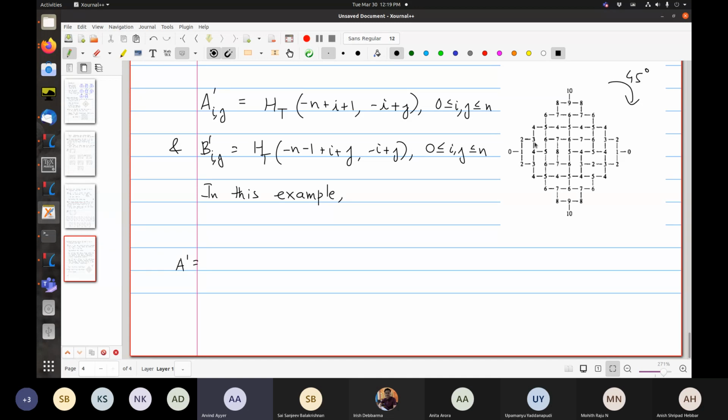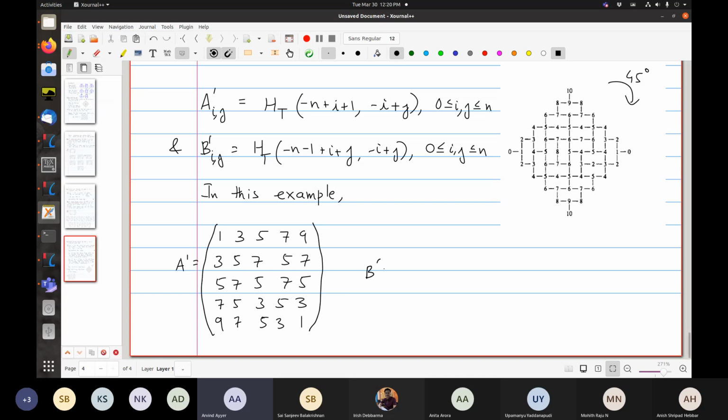This is the odd vertices. The first row over here: 3, 5, 7, 5, 7. 5, 7, 5, 7, 5. 7, 5, 3, 5, 3. And 9, 7, 5, 3. That's A prime.